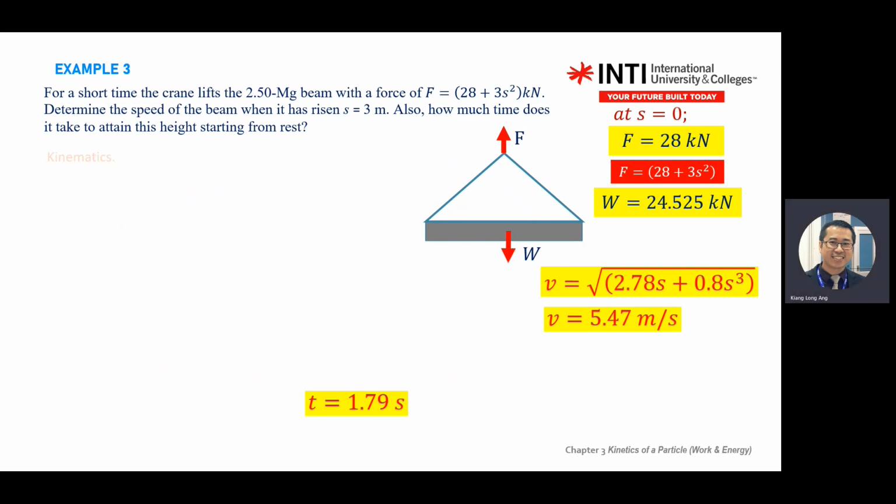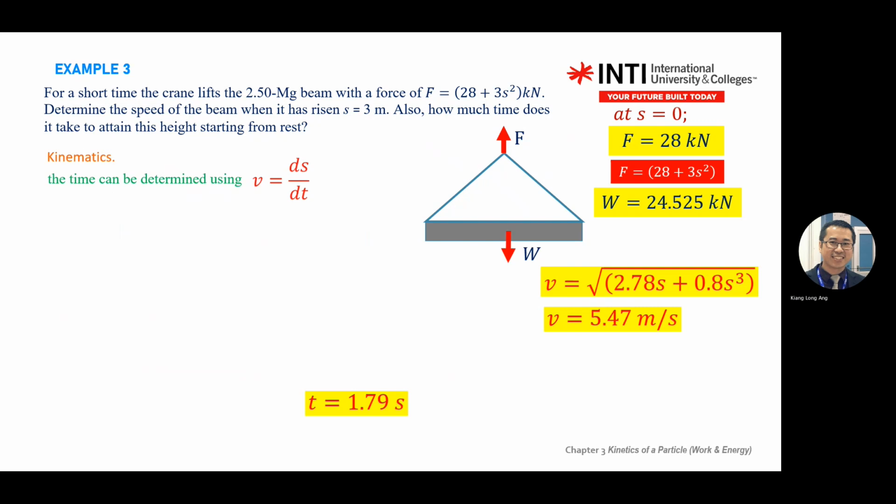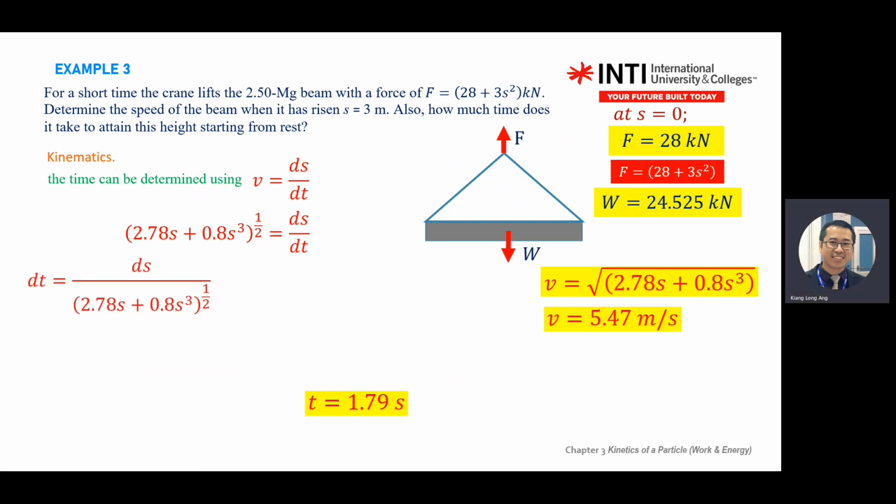Then the time. Again, for the time you can use the definition of velocity, v = ds/dt. Your v is equal to the equation you saw just now. Then you do integration.